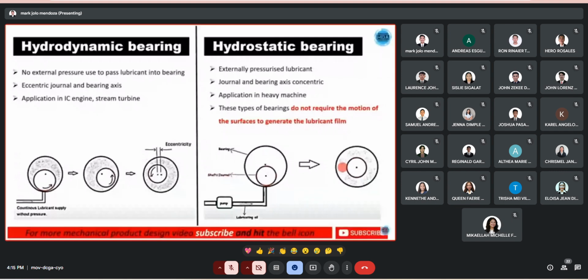In hydrodynamic bearing, the shaft runs and generates pressure on the lubricant, which reduces the eccentricity. But in hydrostatic bearing, it is not required to rotate the shaft to maintain concentricity.